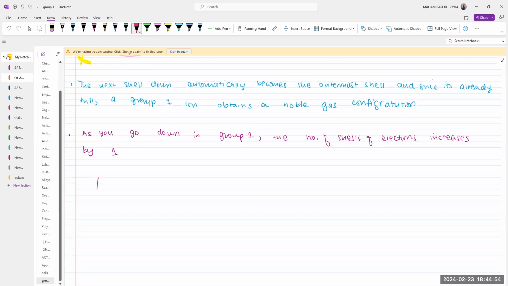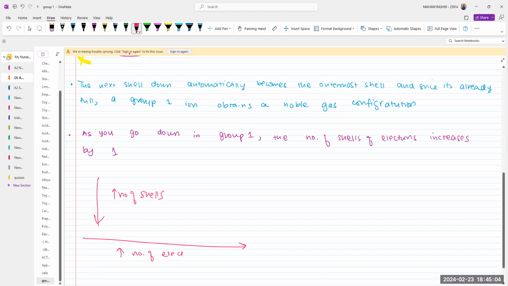So going down increases the number of shells, and going left to right increases the number of electrons in the last shell, right? So as you go down, the number of shells is going to increase, but the last shell in every atom will have one electron.